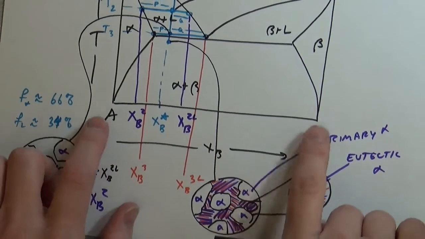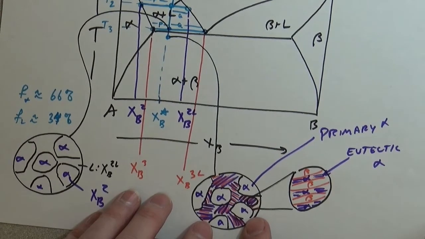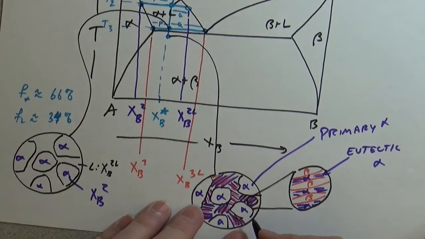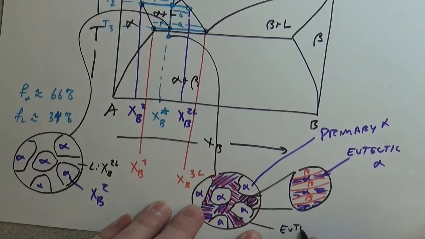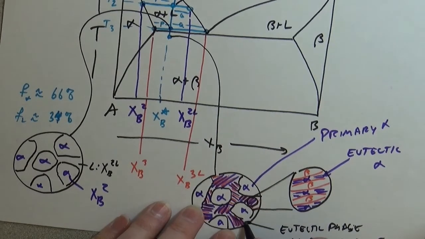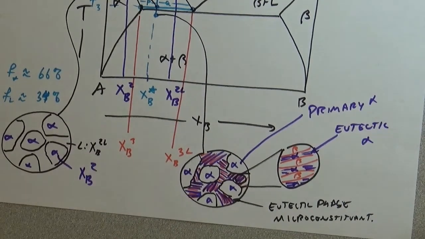But we can also talk about microconstituents, and that would be subsets of the microstructure, and we can talk about the eutectic phase being a microconstituent of this microstructure. Okay? So we got kind of a picture of what's happening.